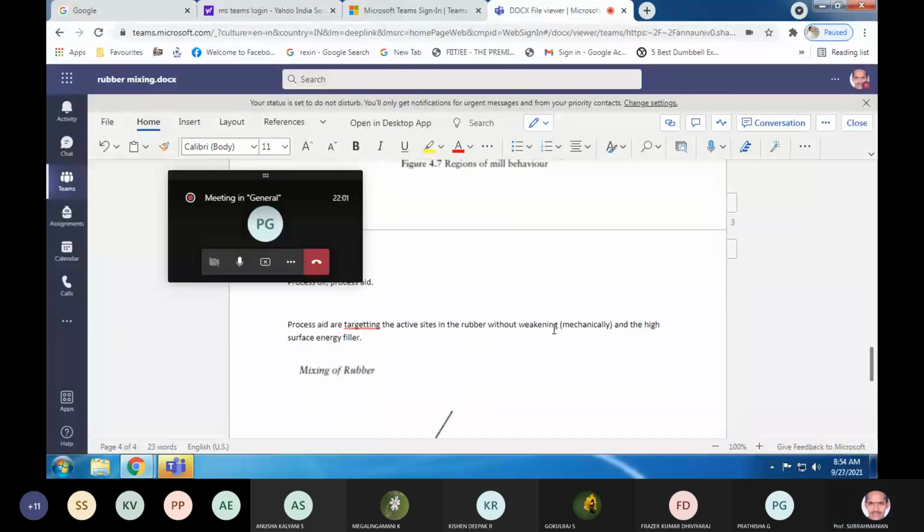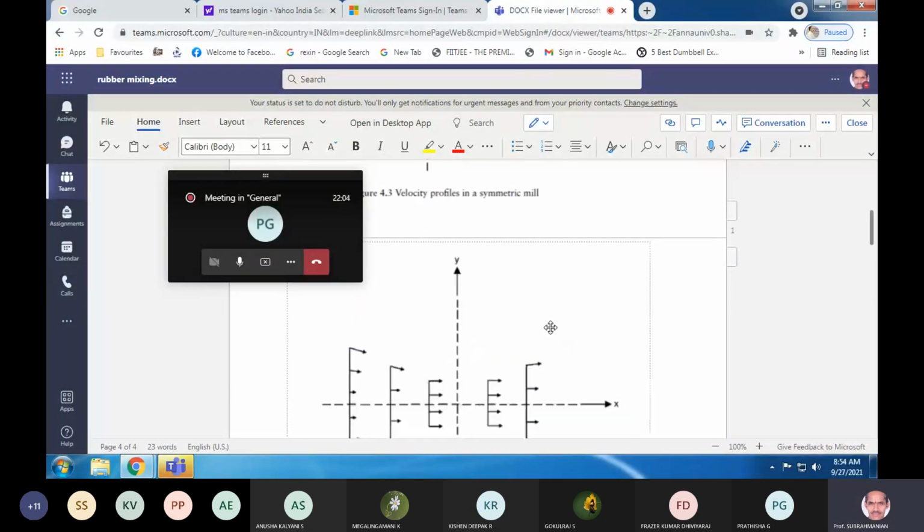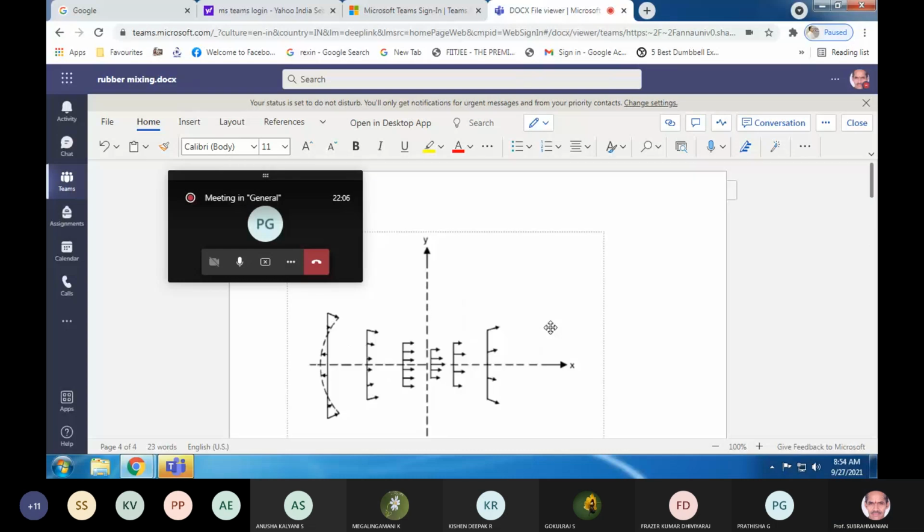Okay? So that is about the rubber mixing, how the process aids help. And what about other processing? We said extrusion and calendering.